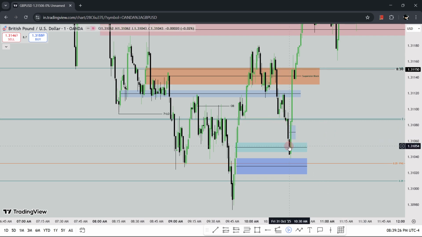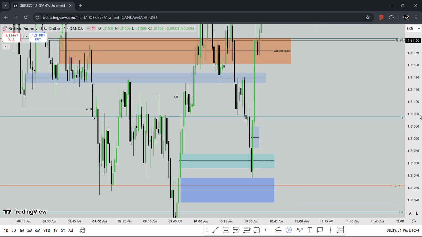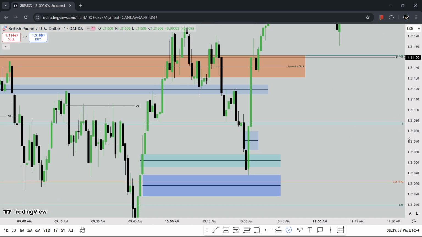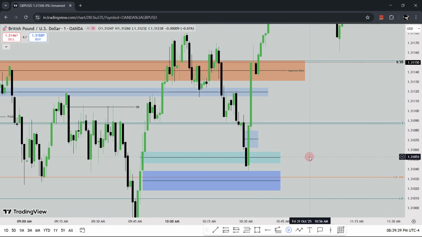I went to this fair value gap as I expected. Then you can see the immediate rebalance of this particular fair value gap, right? That's something that I need to see when price is coming to such kinds of price points.